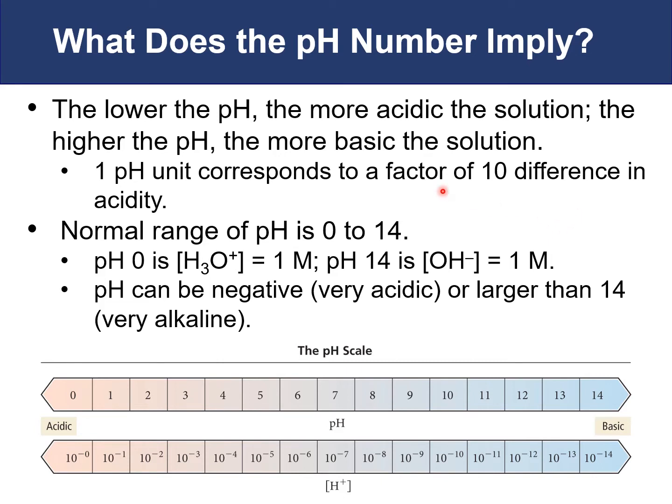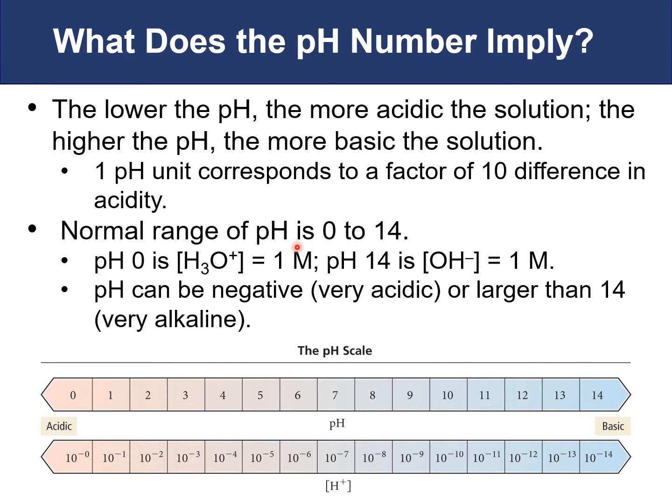Now, just because normally you'll see a range of pH values going from 0 to 14 doesn't mean that that's the upper and lower limits. Under some conditions, you can actually see acidic solutions with a negative pH. Recall that the pH, all that means is the negative log of the hydronium ion concentration.